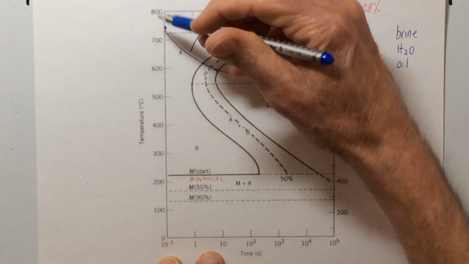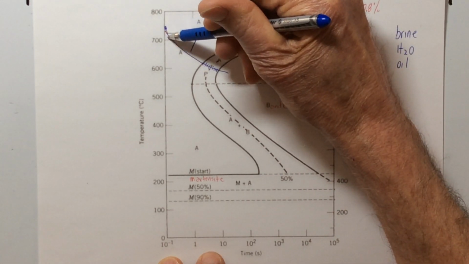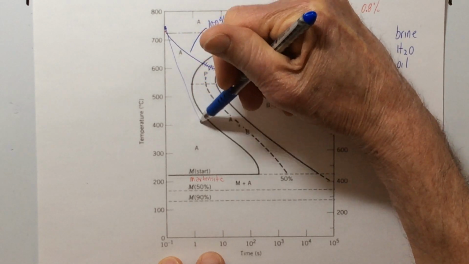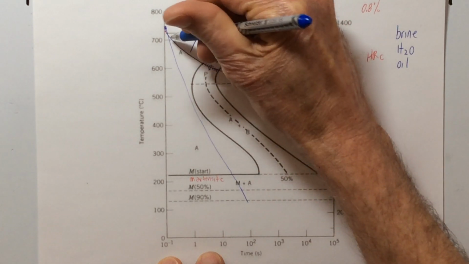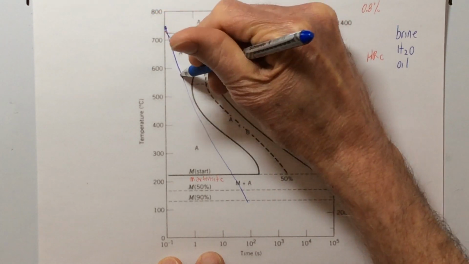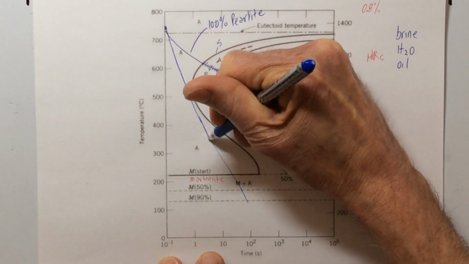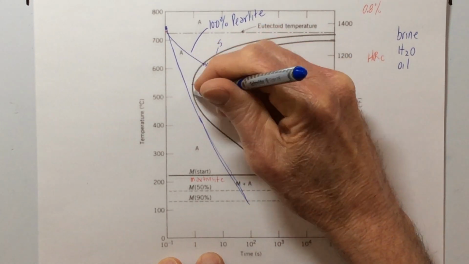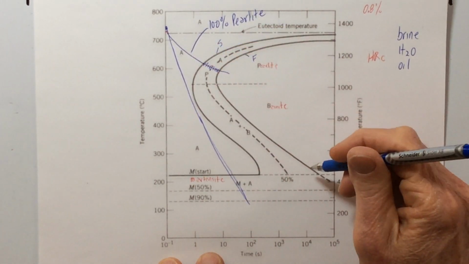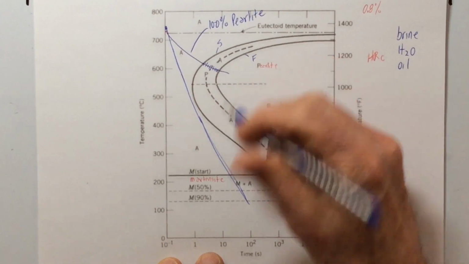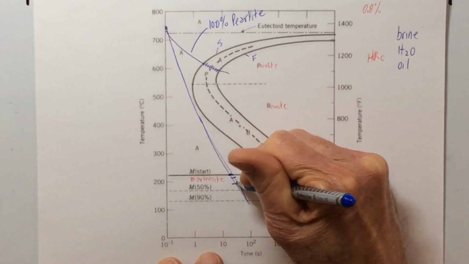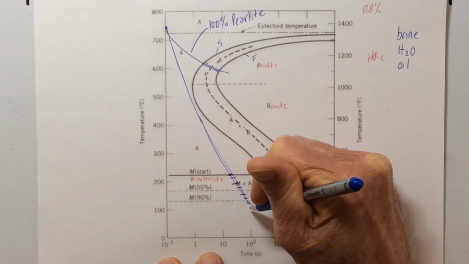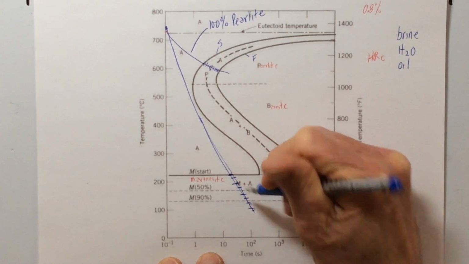Okay, now the other thing we can do, of course, if you decided to use brine, is we could get a curve that probably could look something like this. And notice that this never goes into this region, so it bypassed everything. It has a start here, martensite start, and then it just keeps going and finishes at martensite.